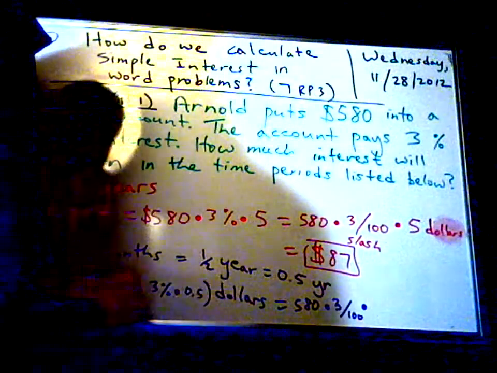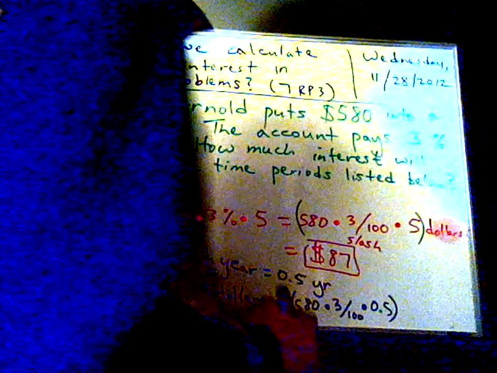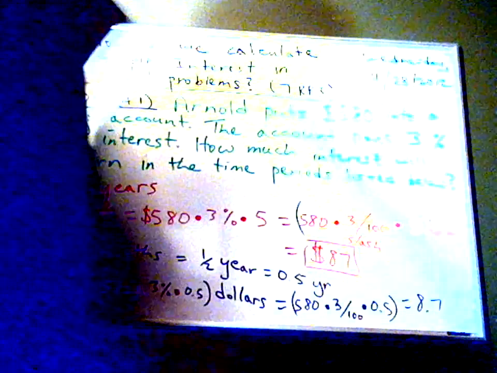So 0.5 years. When you multiply everything together, you should get exactly 1/10 of that. So that's going to be $8.7, which we know is just another way of saying $8.70.